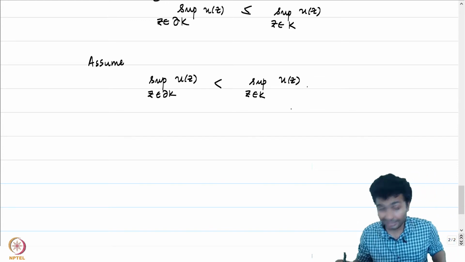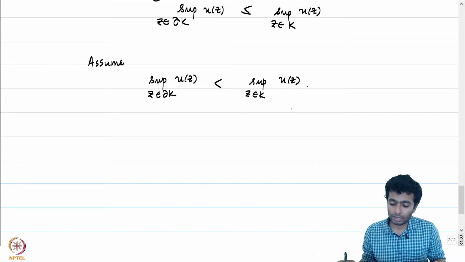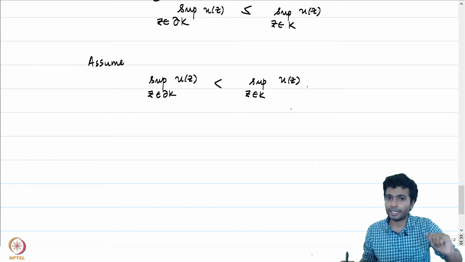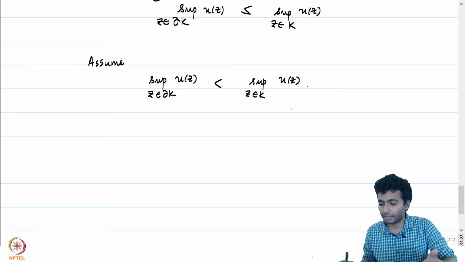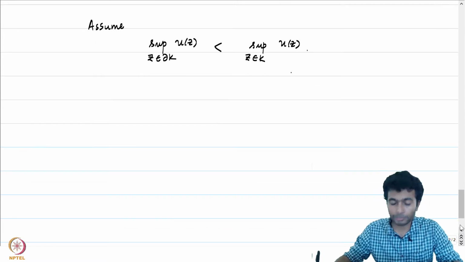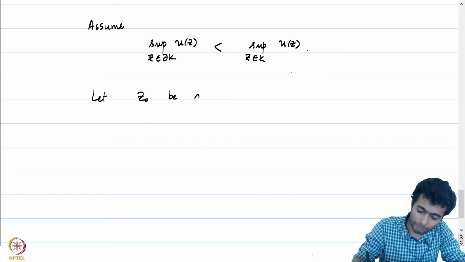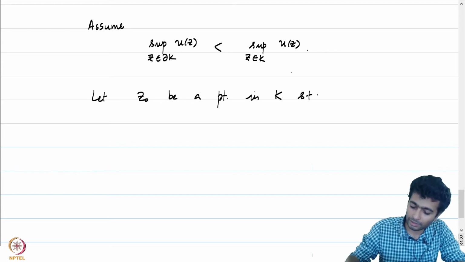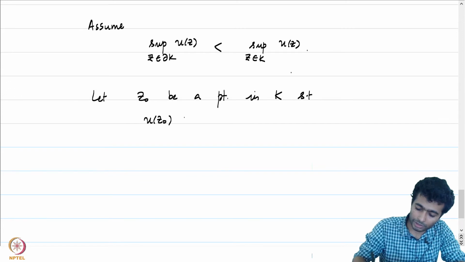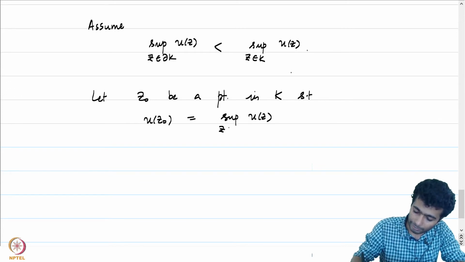This means that the supremum is attained in the interior, and because k is a compact set, the supremum is attained at some point. So let z0 be a point in k such that u of z0 is equal to the supremum of u of z where z belongs to the set k.